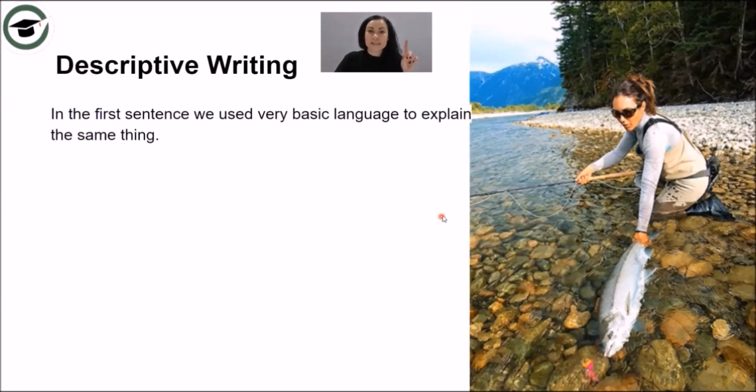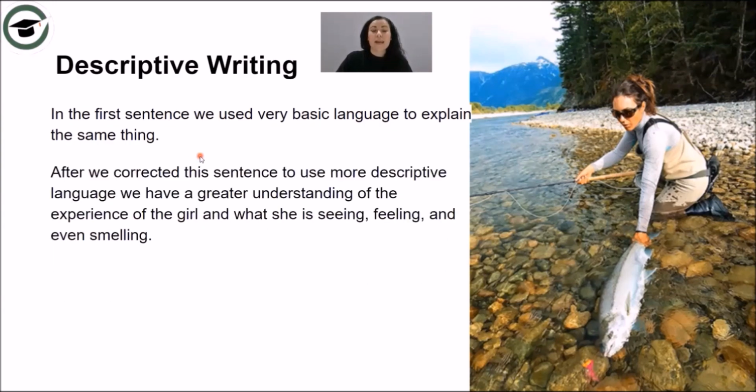In our first sentence, we used very basic language to explain the same thing. Both sentences 1 and 2 are saying the same thing, but one's way more descriptive. That's our second sentence. After we corrected this sentence to use more descriptive language, we have a greater understanding of the experience of the girl and what she is seeing, feeling, and even smelling.